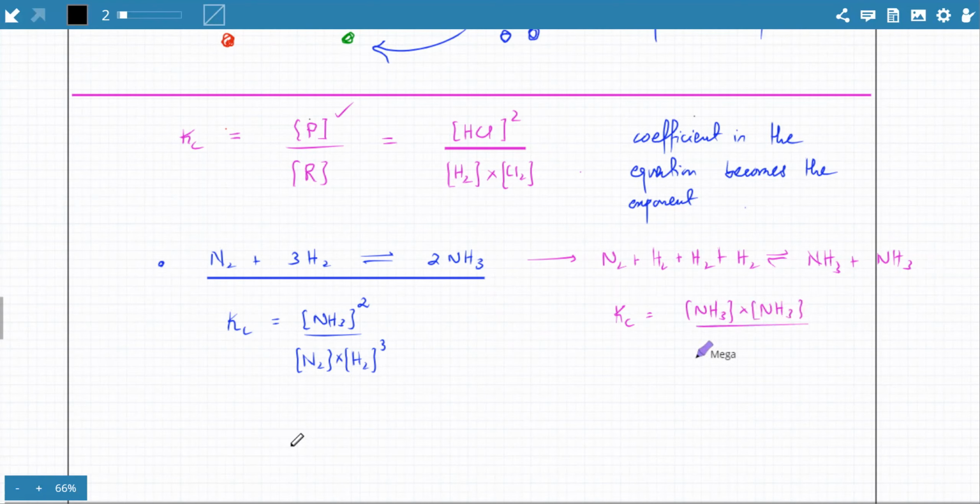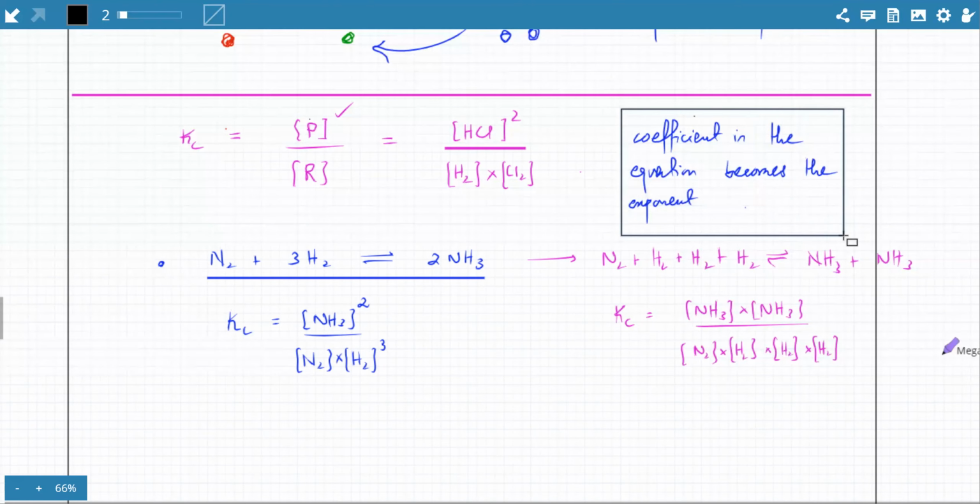And you're going to divide it by N2 concentration times H2 concentration times the other H2 concentration, and then another H2 concentration. So it's going to come out to be the same expression that you're getting over here. So remember this, that the coefficient in the equation becomes the power in the expression. And this is what you're going to get. Is this clear? Yes or no? Is this clear?